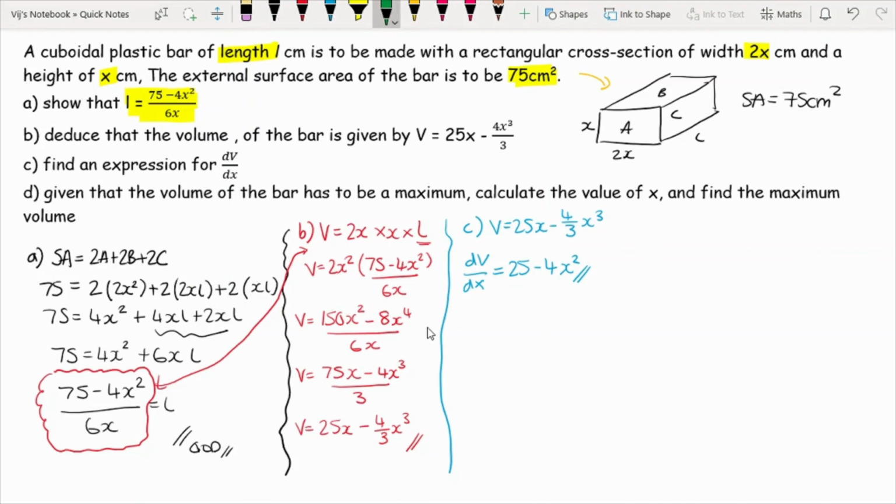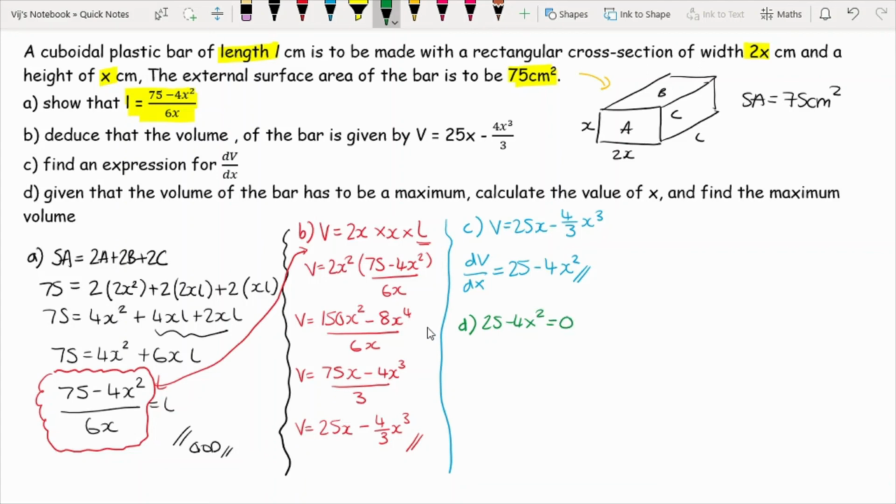So moving on to D, the first thing we need to do is read the question carefully. What the question is asking me to do is to find the stationary points, find out which value of x gives me the maximum stationary point, and then substitute that number into the original formula of the volume. So working out what the stationary point is going to be, we first need to do 25 minus 4x squared is equal to 0.